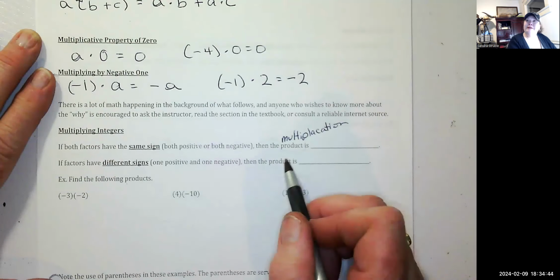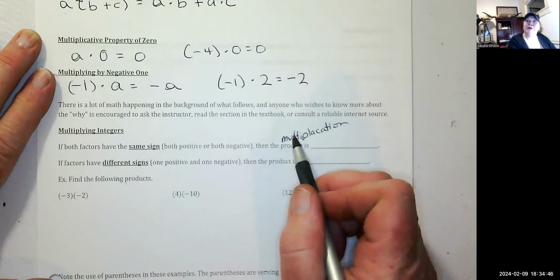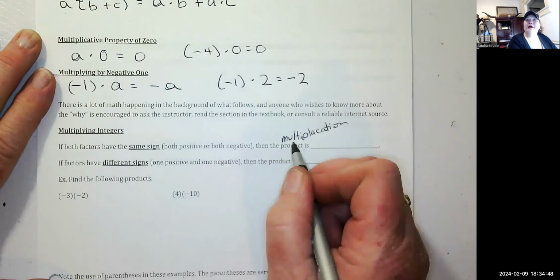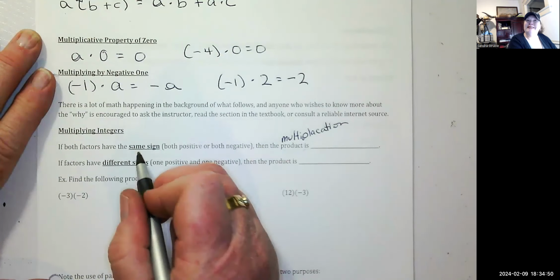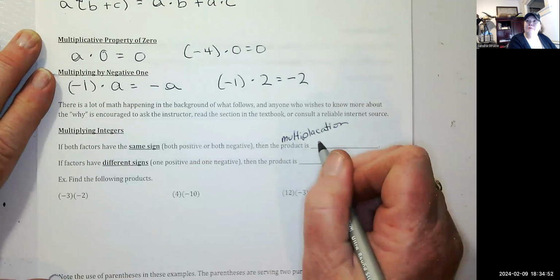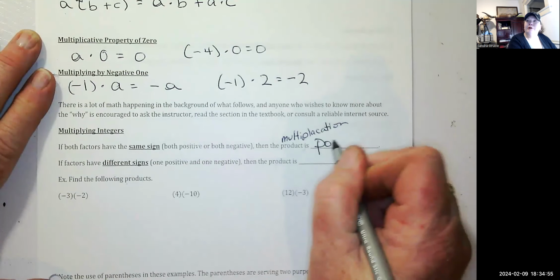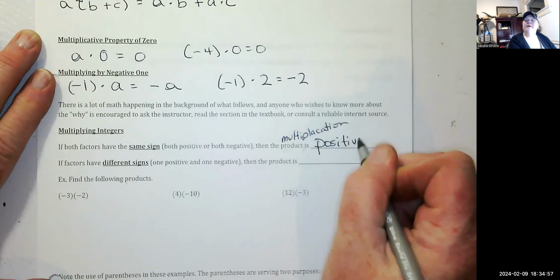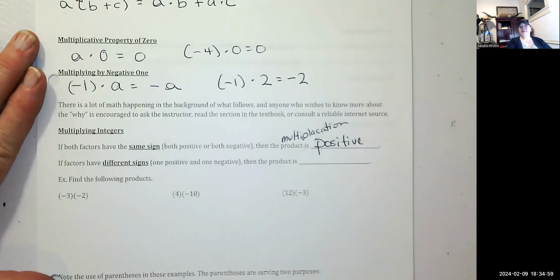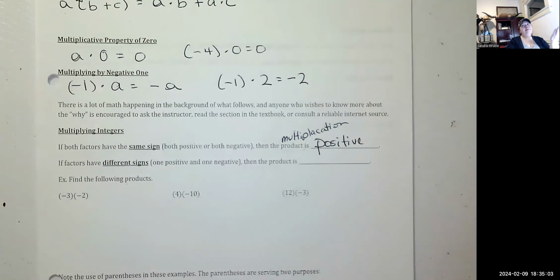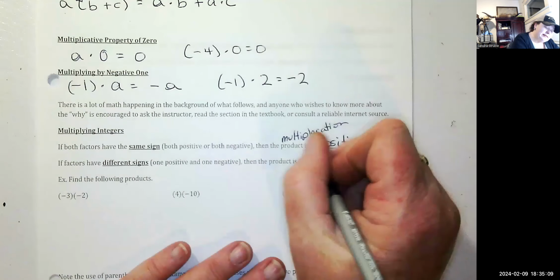Make sure you know that the product is defined as multiplication. So when you're multiplying two numbers with the same sign, their product is positive. If the factors have different signs, one positive and one negative, then the product is negative.